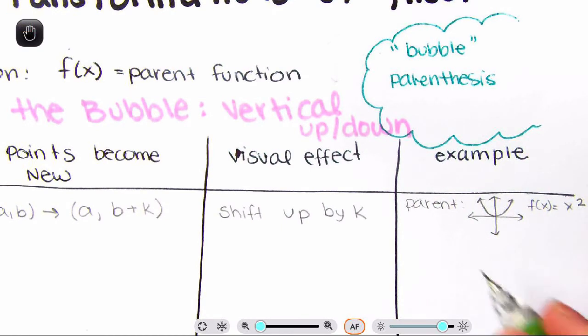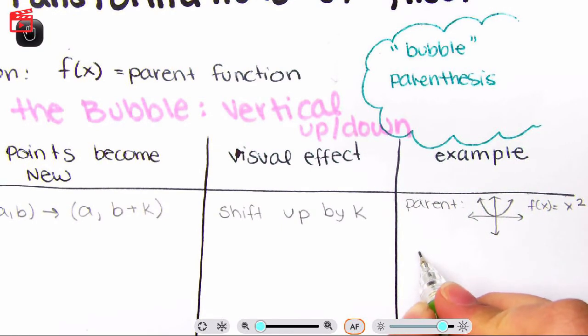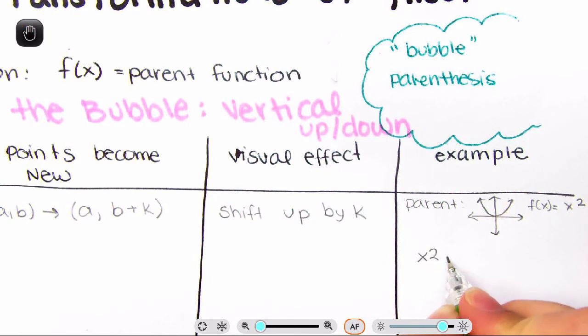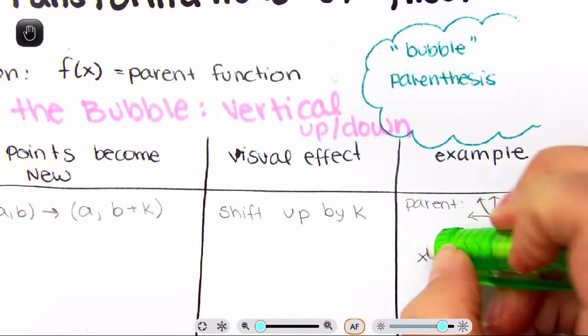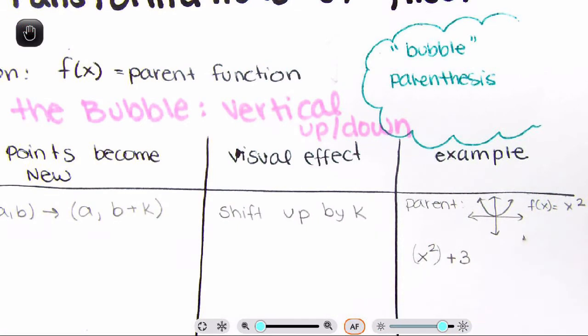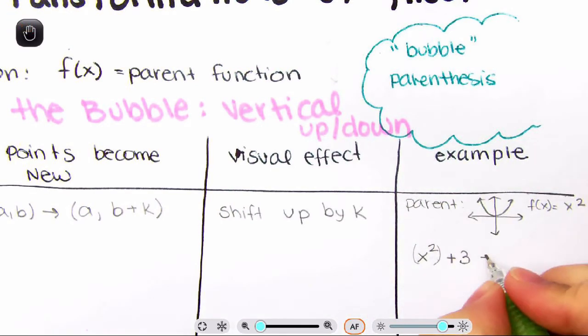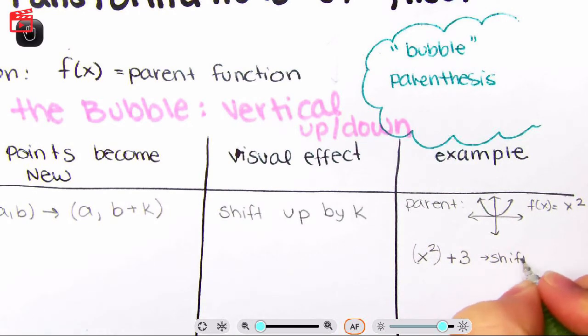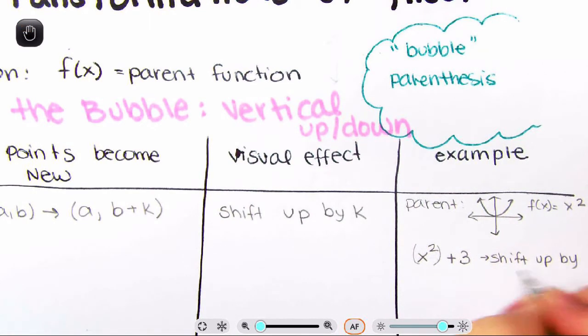So what happens when I say x squared plus 3? Here's my bubble, right? Here's my parentheses. We don't really see it, but it's there. Mathematicians are lazy. Plus 3 is outside the bubble, so I'm going to shift up by 3. How does my new graph look?